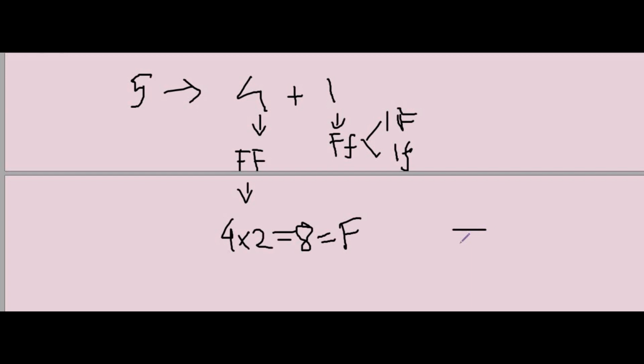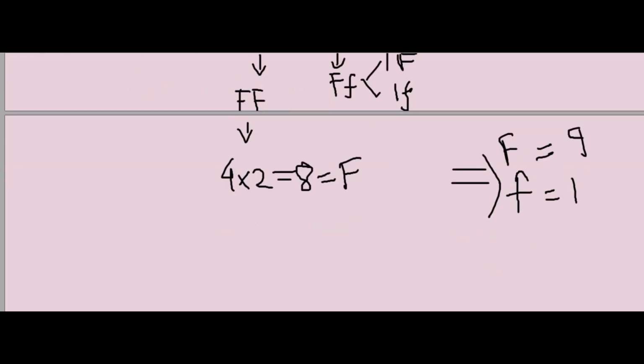So the total for capital F is this 8 plus 1, which is 9, and small f is equal to 1.